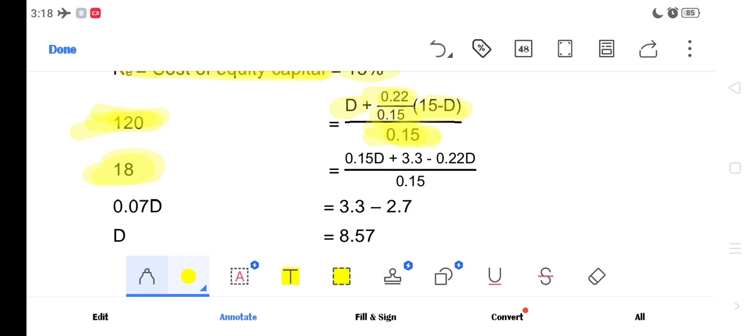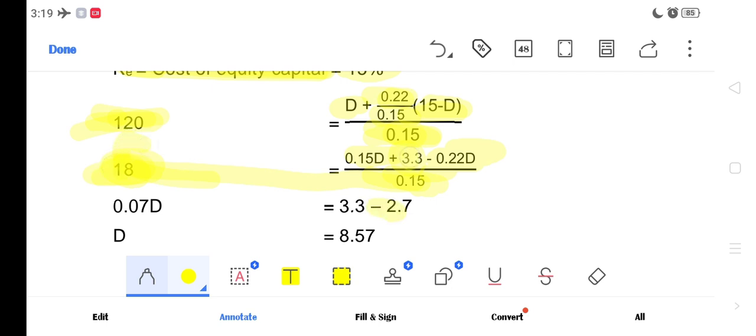So LCM 0.15, and again 0.15 into D, 0.15D, and 0.22 into 15, which gets 3.3, and 0.22 into D, so minus 0.22D, right? Now again he has taken this 18 into 0.15, which is 2.7. He has transferred this to RHS.